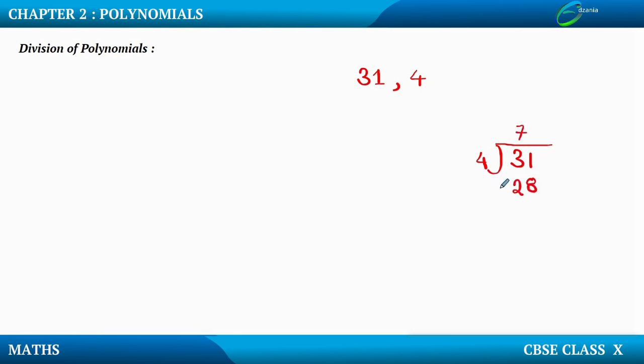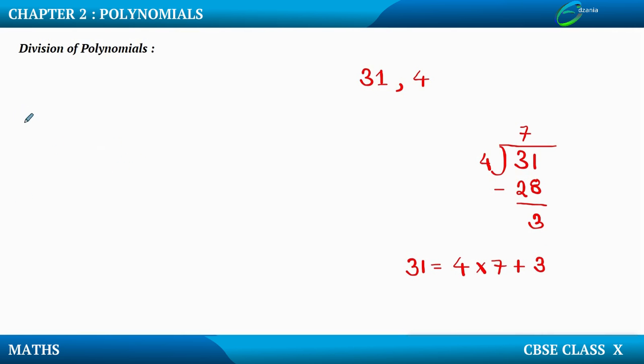If I subtract them, I'm going to get the remainder as 3. So this 31 is said to be the dividend. So 31 will be equal to 4 into 7 plus 3.